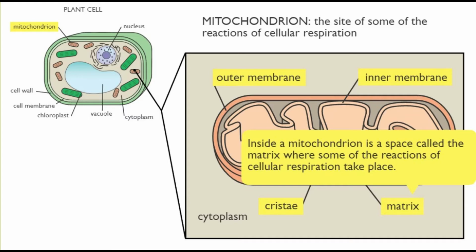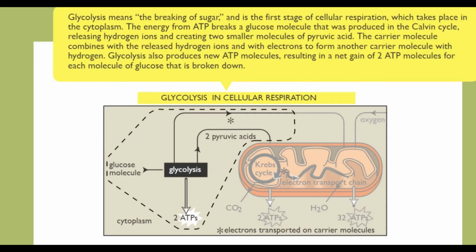Now, next we will see glycolysis in cellular respiration. Glycolysis means the breaking of sugar and is the first step of cellular respiration, which takes place in the cytoplasm. The energy from the ATP breaks a glucose molecule that was produced in the Calvin cycle, releasing hydrogen ions and creating two smaller molecules of pyruvic acid.